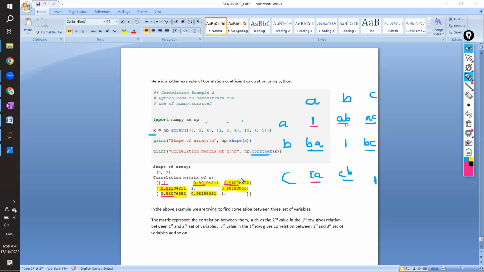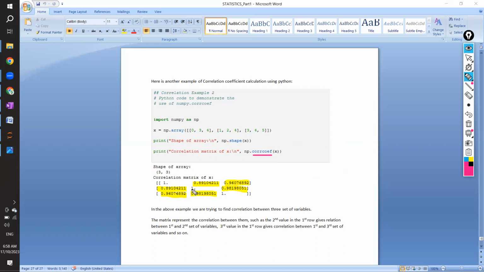Fine. Why? This is A and C, this is C and A. Similarly, this is B and C, this is C and B. Both are same. Clear? So with this simple function, you can pass any number of lists. So it will calculate all the possible combination correlations.